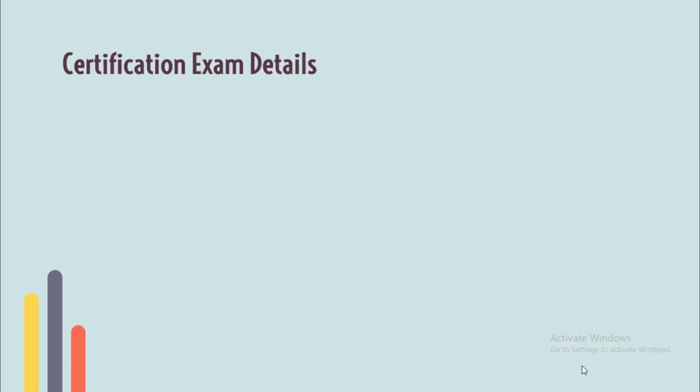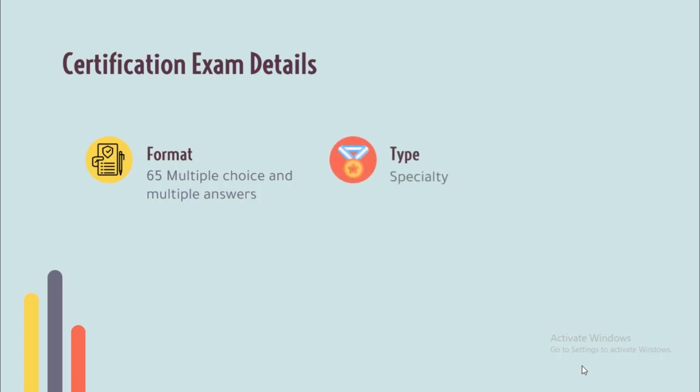Now, let us look into the certification exam details. Coming to format, it consists of 65 multiple choice and multiple answers questions that you need to answer. Then comes type. It is kept in the category of specialty among all of the certifications provided by AWS. Then comes cost. The cost for this certification exam is $300.